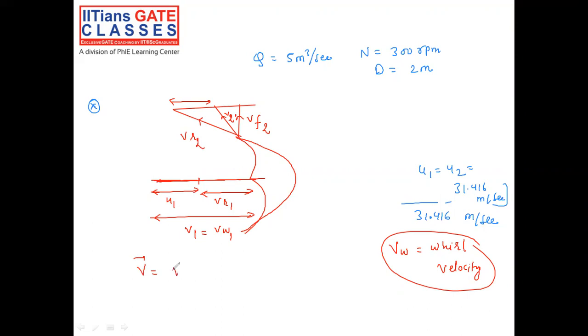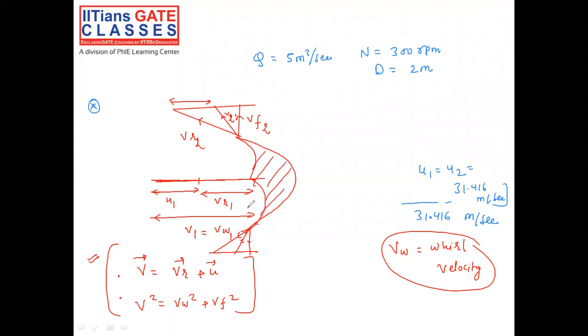V is equal to VR plus U. This is the vector addition we are having. And the component of velocity: V square is equal to V omega square plus VF square. These two things you need to remember for drawing the velocity triangle. Very, very important points. Of course, here also we are having the velocity triangle.